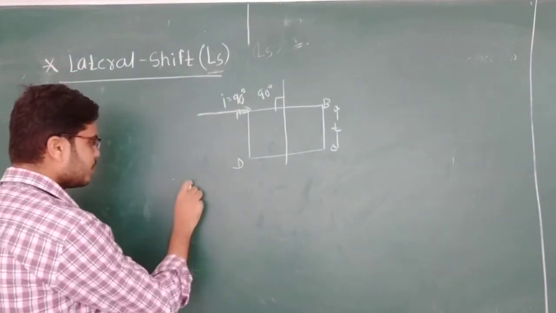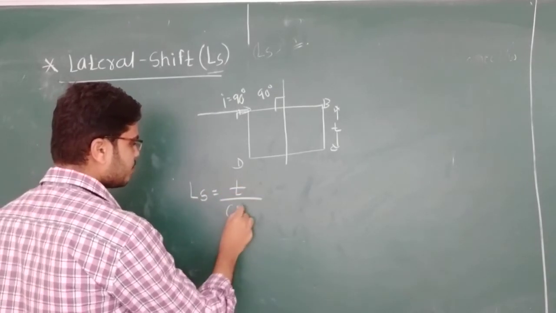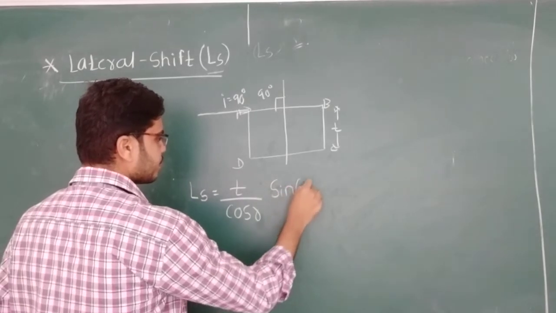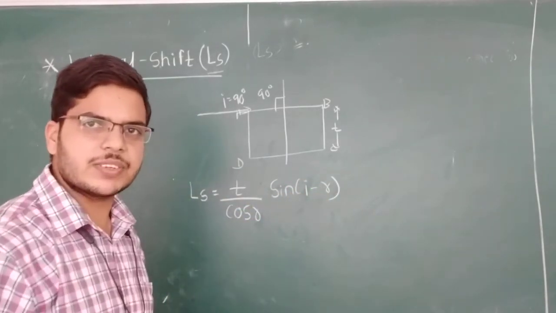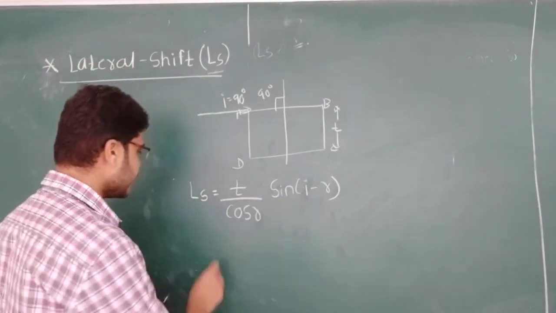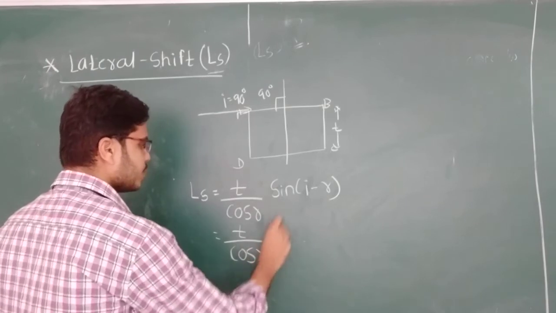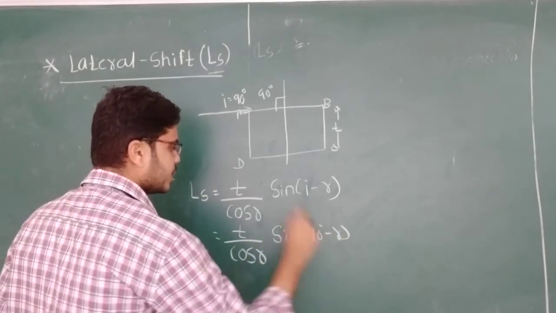Look at the formula. Ls is equal to t by cos r times sin of i minus r. If the angle of incidence is 90 degrees, put 90 degrees here: t by cos r times sin of 90 degrees minus r.